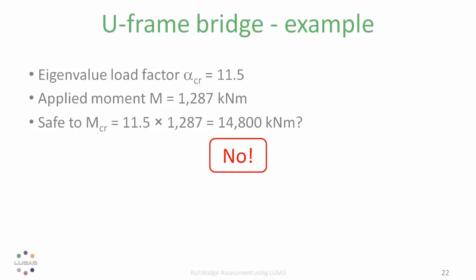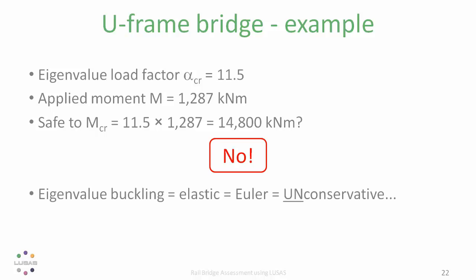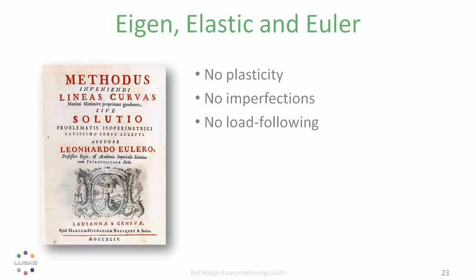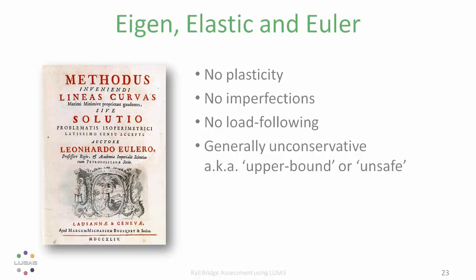The eigenvalue load factor we've got is unconservative, just like Euler buckling. So eigenvalue buckling, elastic critical loads, Euler buckling, these are all based on assumptions of no plasticity, no imperfections, no load following. And so eigenvalue factors like buckling loads are generally unconservative, they're upper bound, they're unsafe.